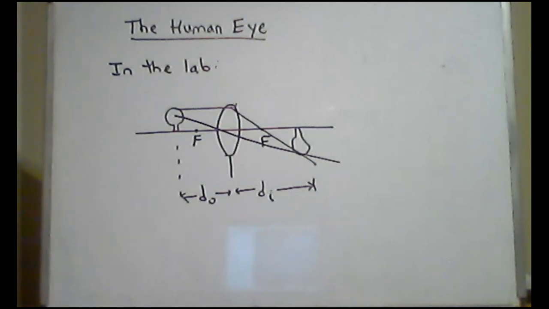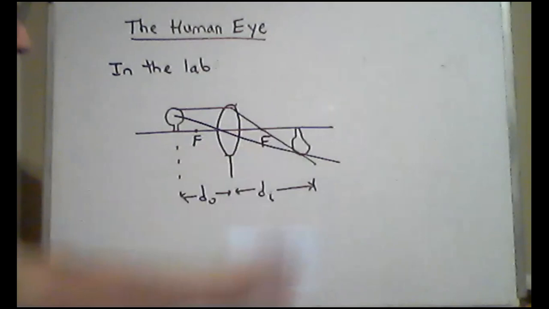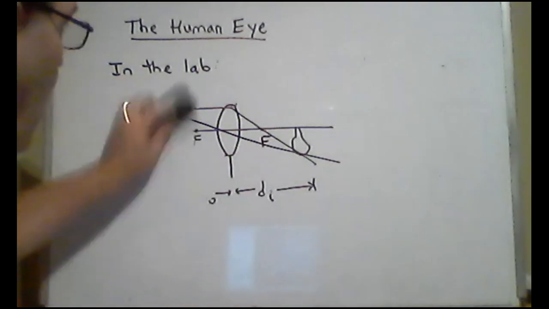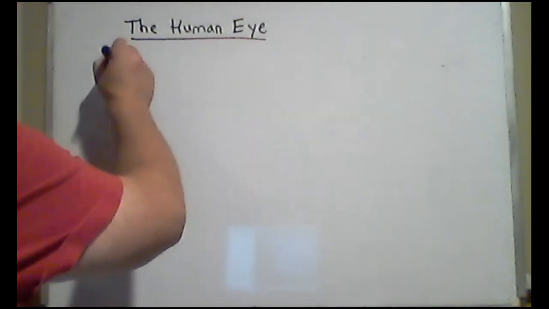So the human eye, we can't do an experiment like we could in optics. In optics, we're free to make the image pretty much go anywhere we like. But in the human eye, we don't have that same freedom. The image distance is set.